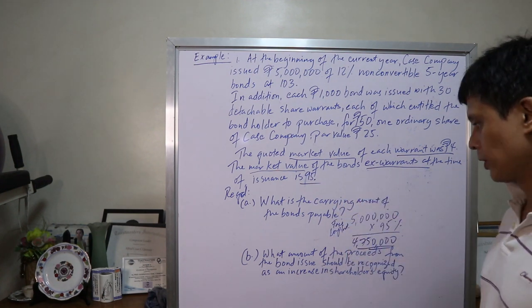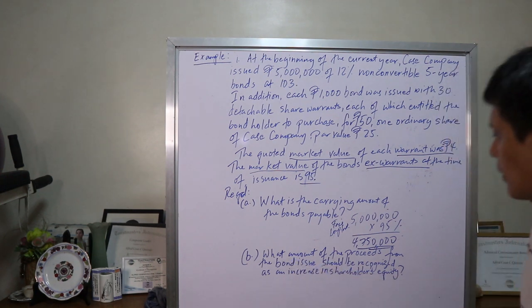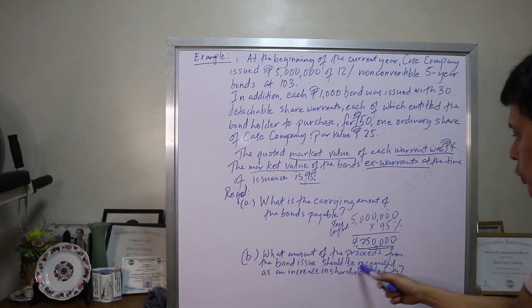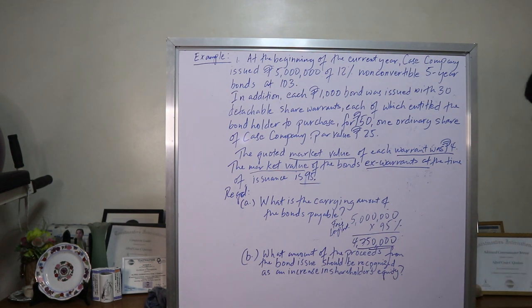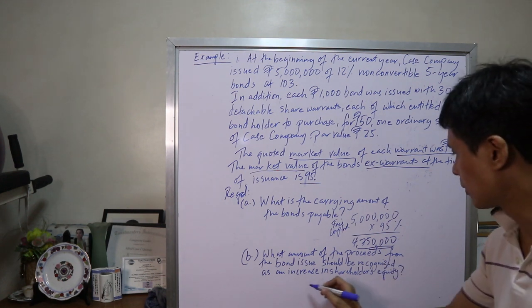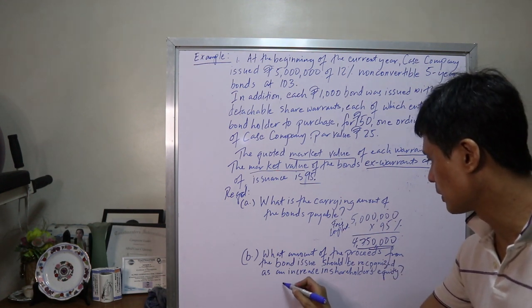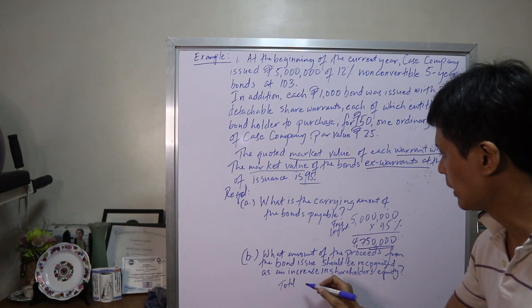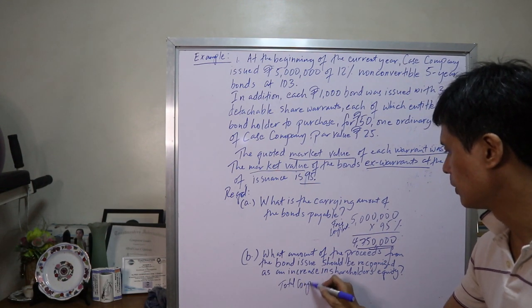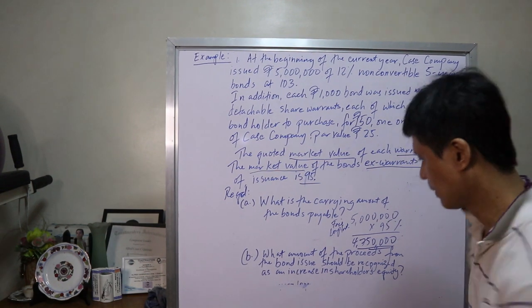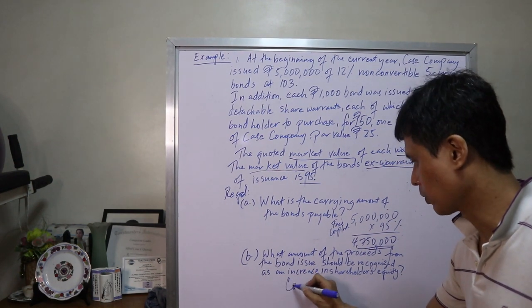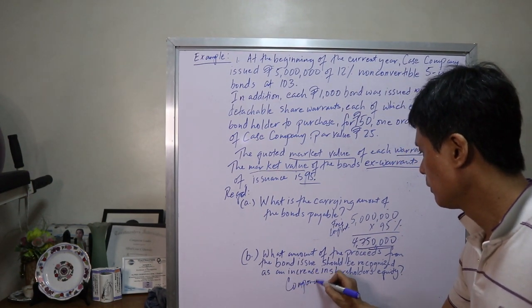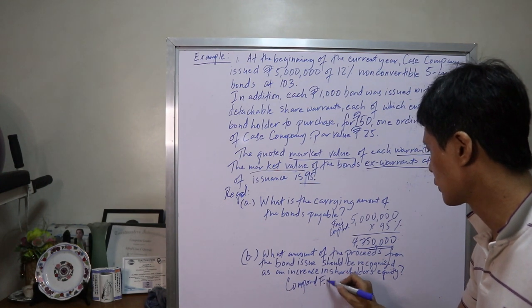So ito na yon. Now, what amount of the proceeds from the bond issue should be recognized as an increase in shareholders' equity? So ito naman yung equity portion. Now, in order to compute for this, kunin muna natin yung total compound financial instrument.